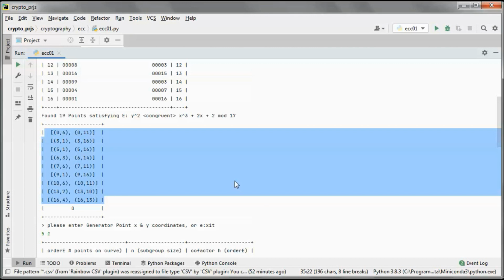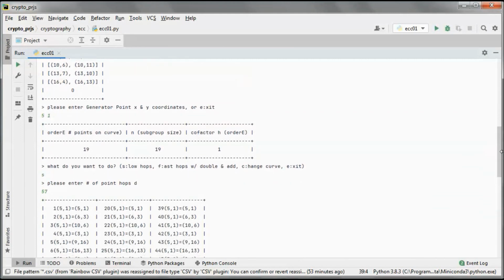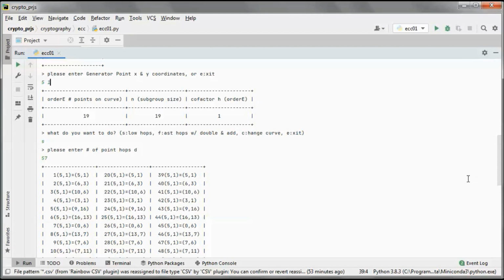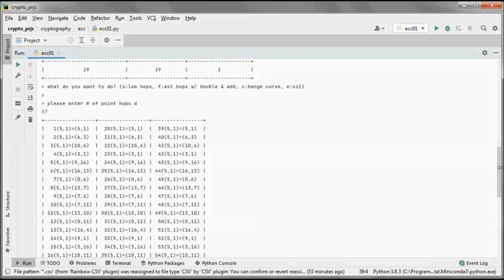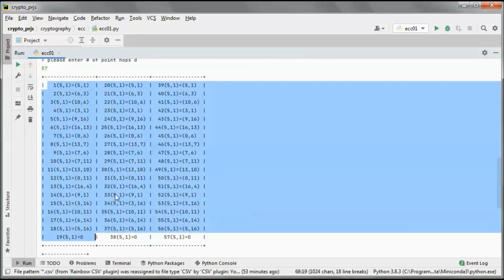So if we pick any point here, it will end up generating the entire group, and we picked this point 5 1, and it ended up generating the entire group 3 times.